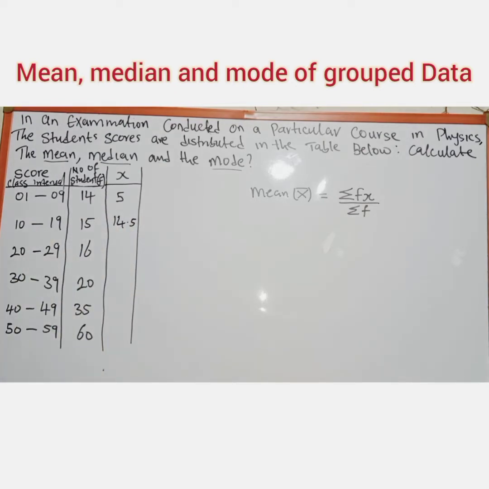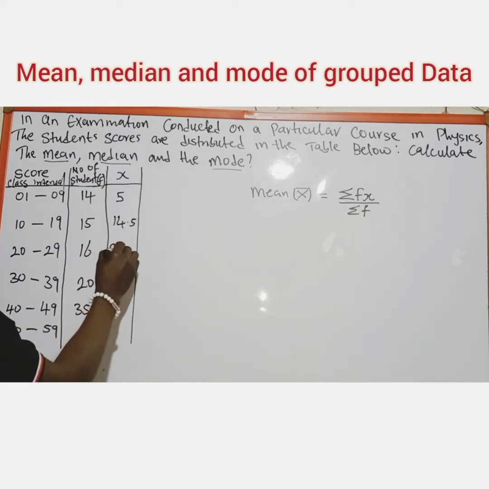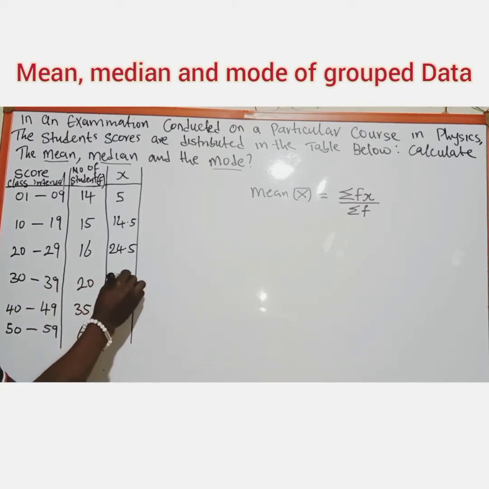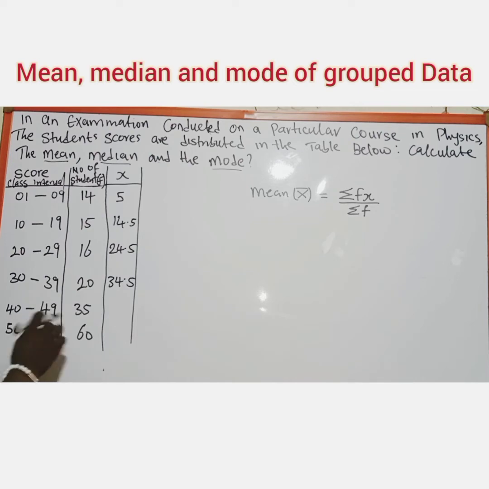The next one is 20 plus 29 divided by 2, it will give me 24.5. Then 30 plus 39 divided by 2, it will give me 34.5. And 40 plus 49 divided by 2, it will give me 44.5. And 50 plus 59 divided by 2, it will give me 54.5. We have successfully got our midpoint, which is x.